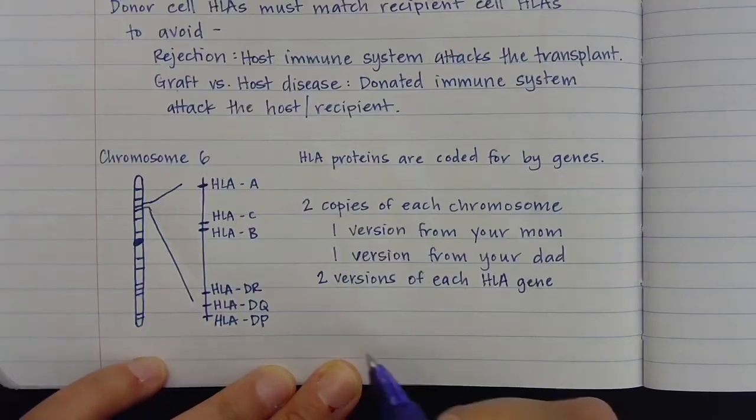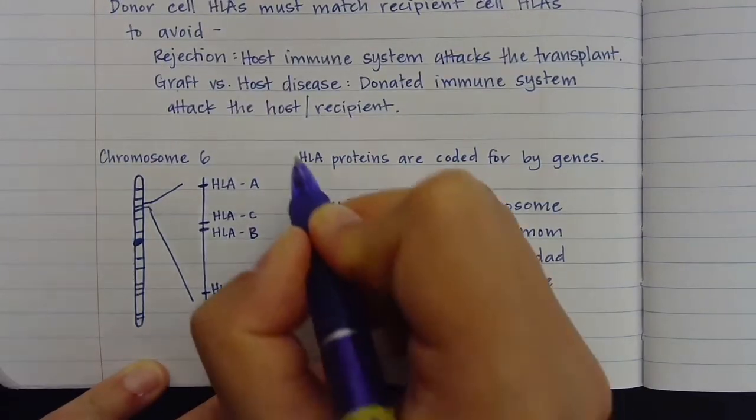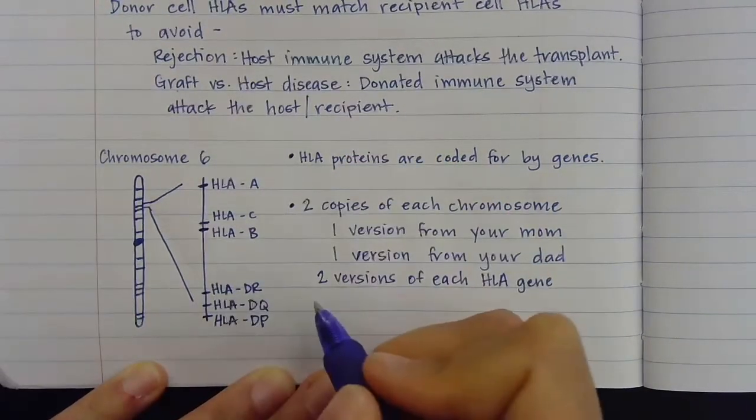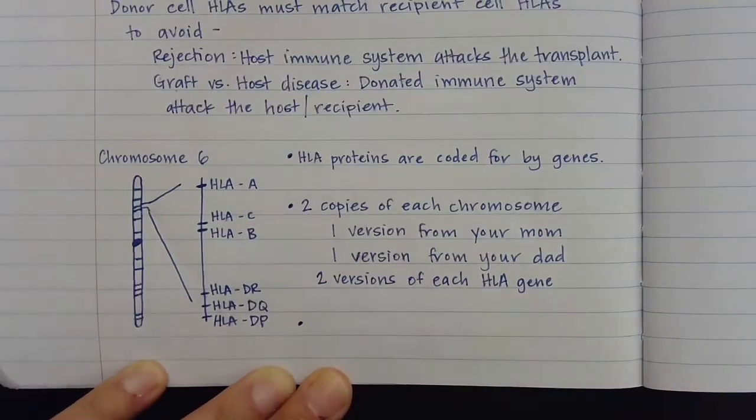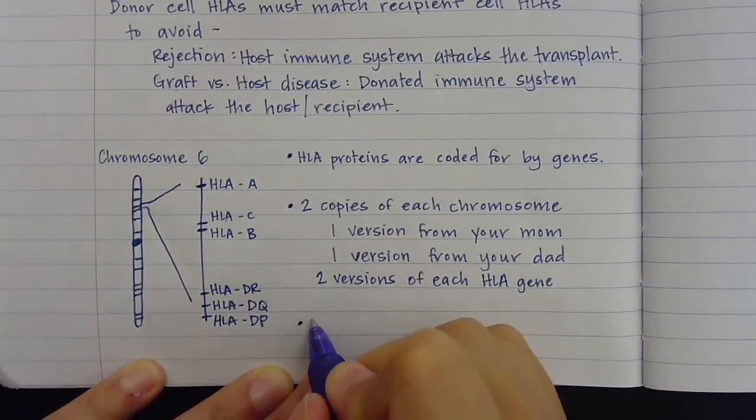So when we say we're trying to find somebody a match, what we're looking for most of the time is an 8 out of 8 match.